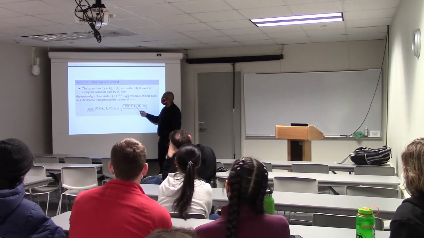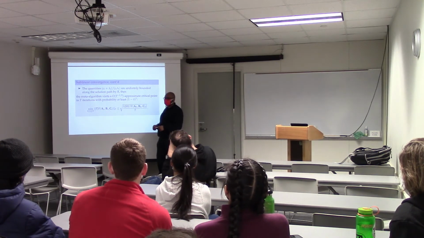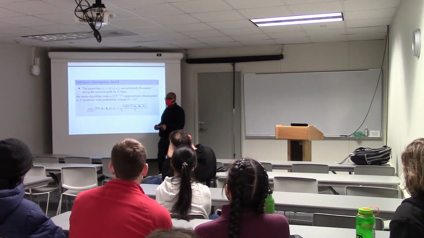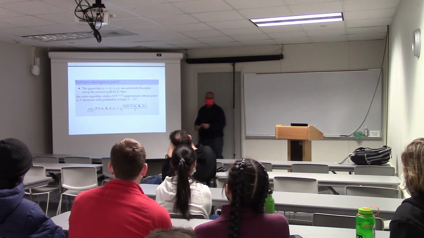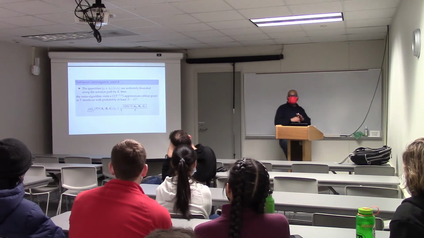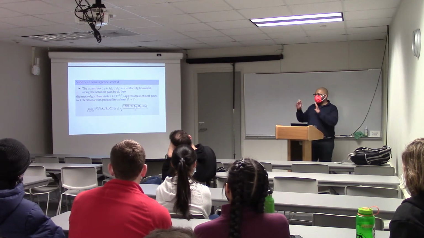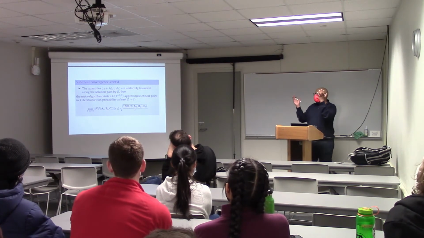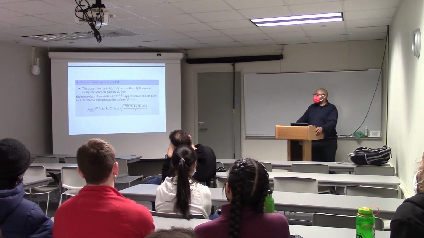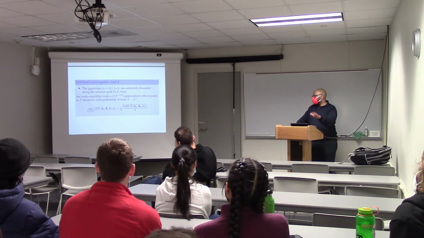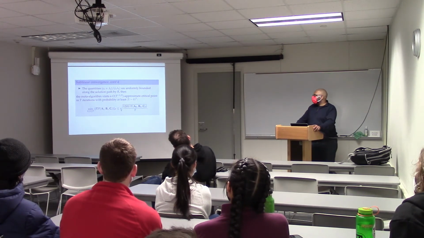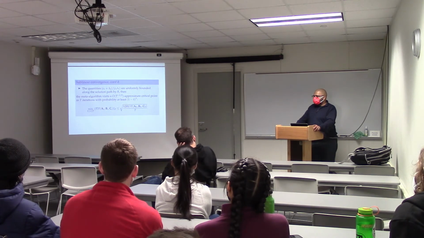Small meaning on the size of 1 over the square root of t. So that is the result. So sort of the standard result for optimizing a non-convex function using a first order algorithm.